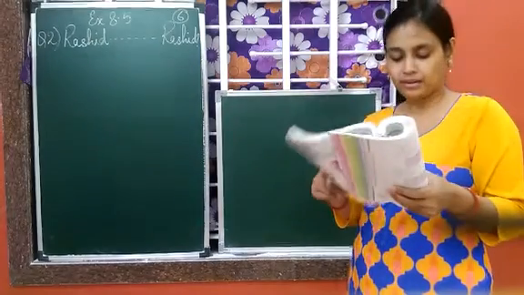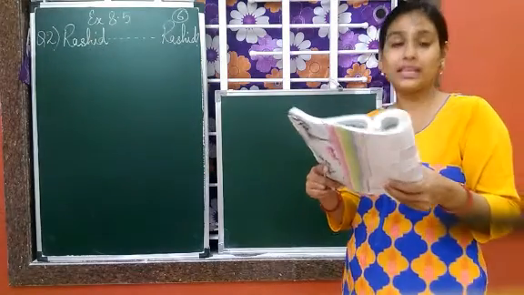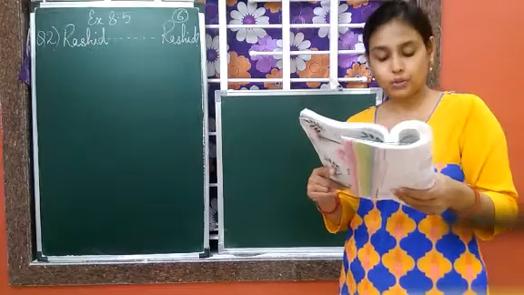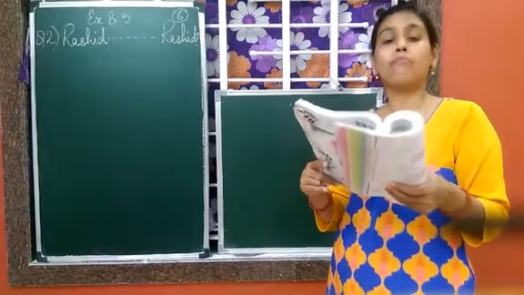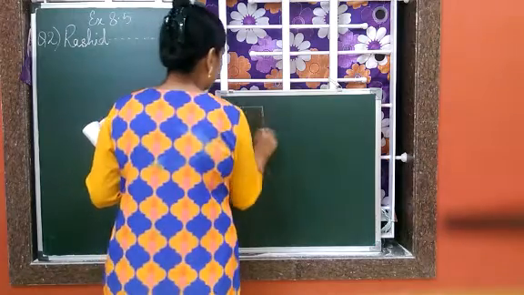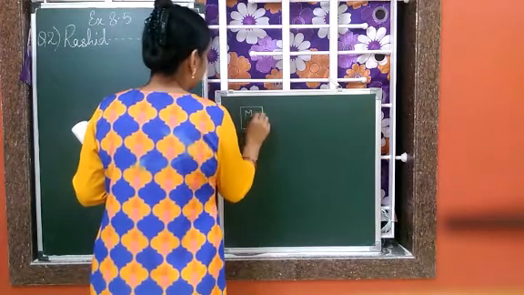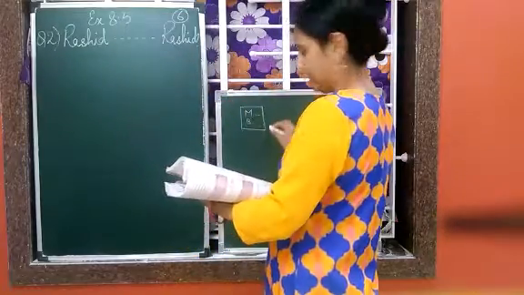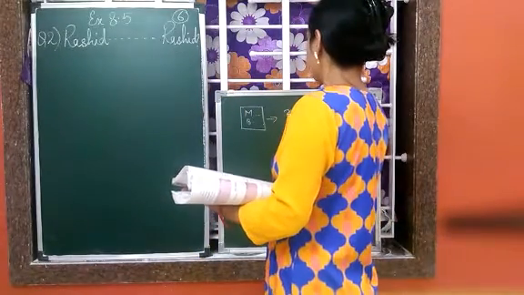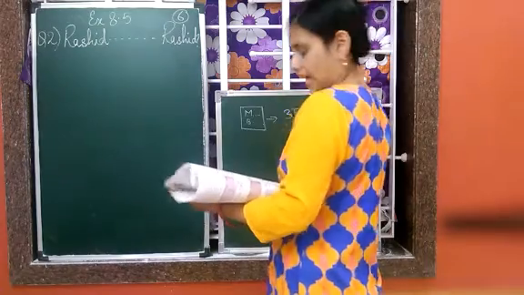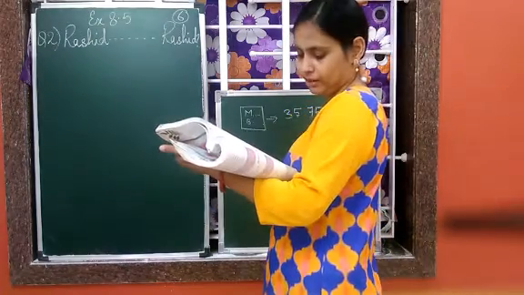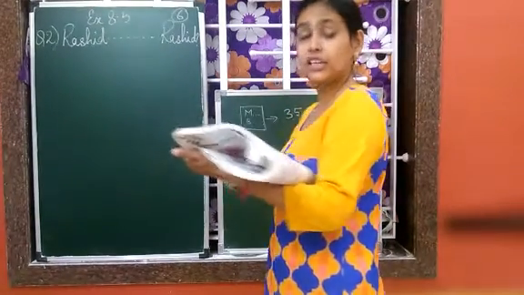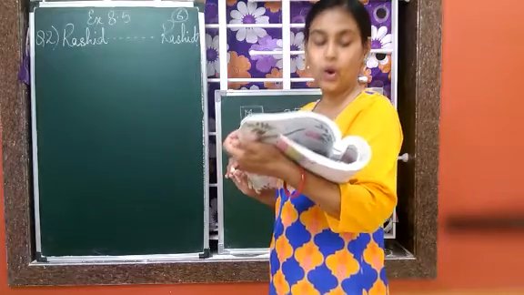Rashid spent rupees 35.75 for a maths book. So he buys a maths book for rupees 35.75, okay, and 32.60 he is spending on a science book.